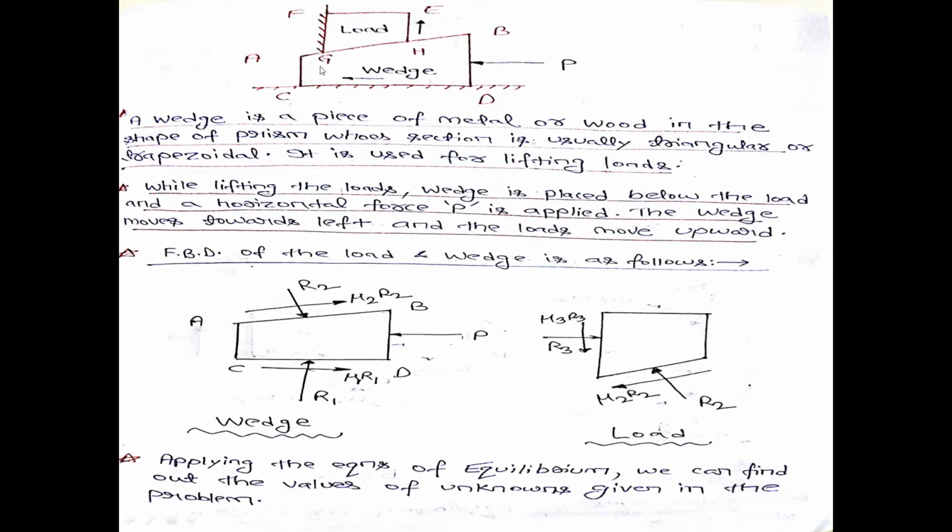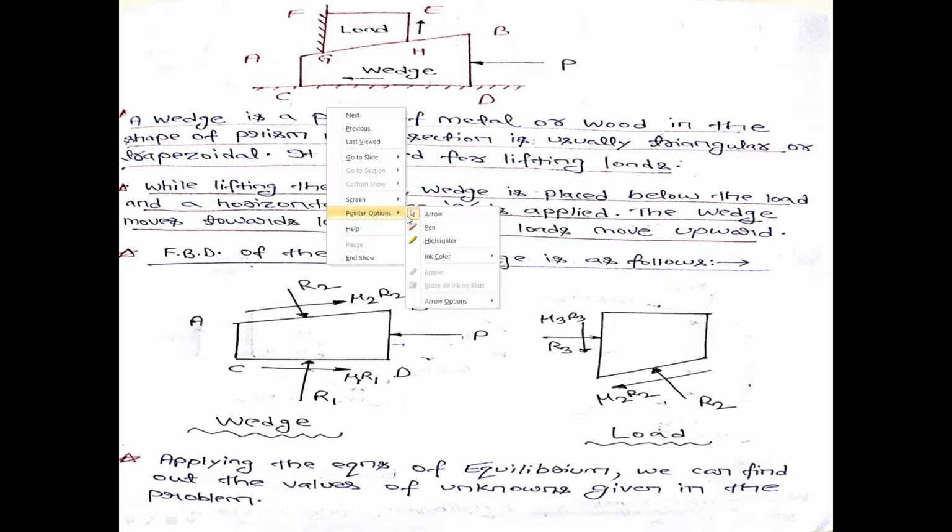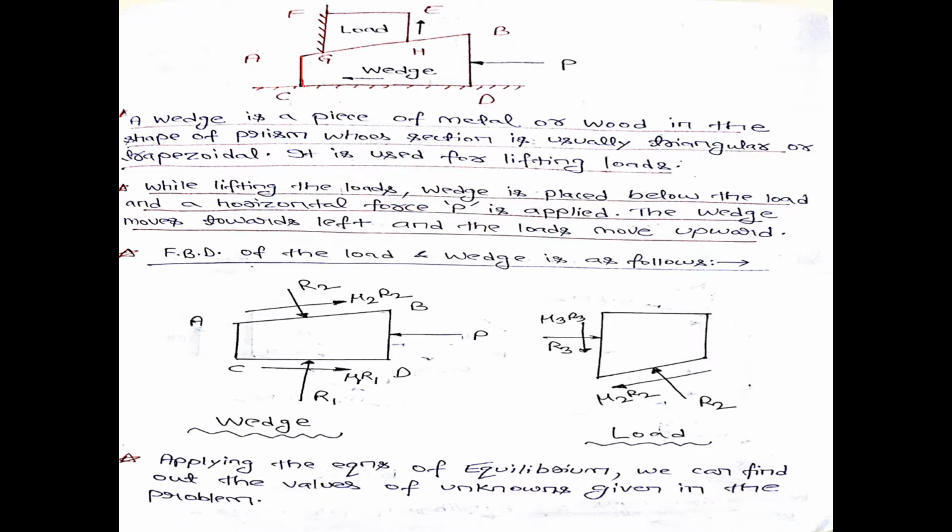So a wedge is basically a piece of metal or wood in the shape of a prism, whose section is usually either triangular or trapezoidal, and it is used for lifting a load. If you see this diagram, this trapezium portion is a wedge, and this is a load which you want to lift.